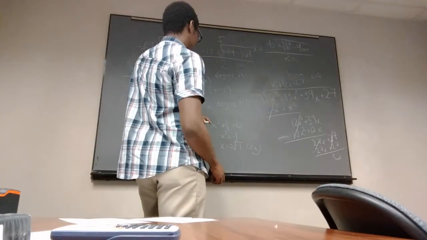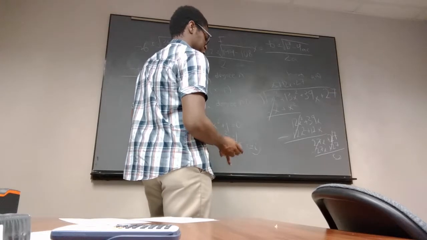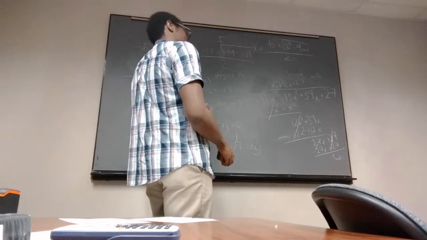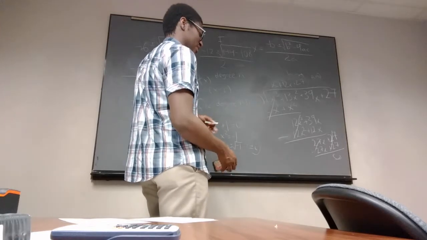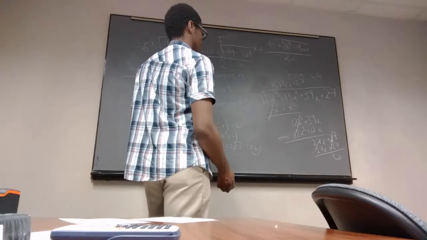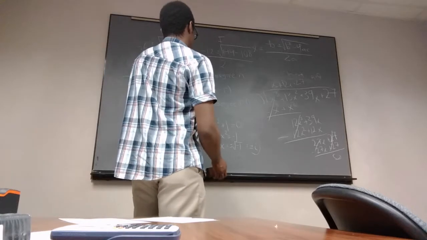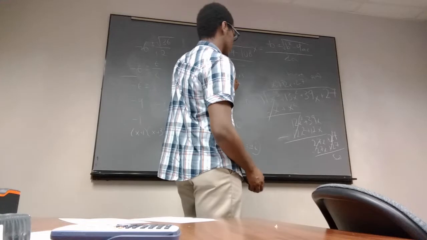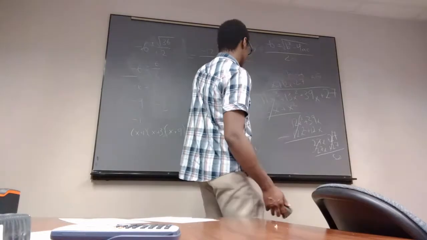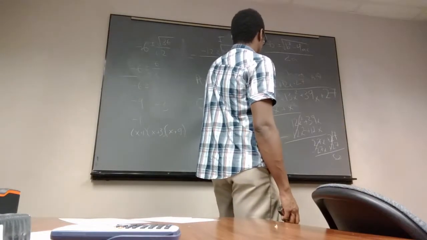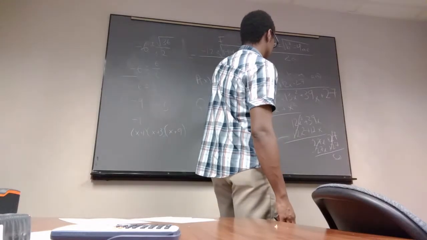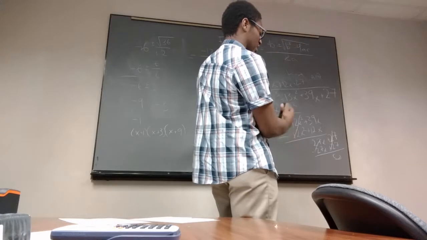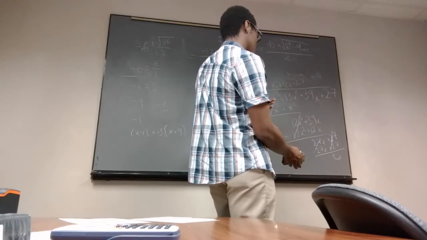In general, if you have a polynomial of degree n, you know it's going to have n roots, and those roots can be complex. But also, if you have a polynomial p of x, and you say one of its roots is r, if we're going to say that this root is complex, it can be written as a plus bi, where a is a real number and bi is going to be the imaginary part of this number.